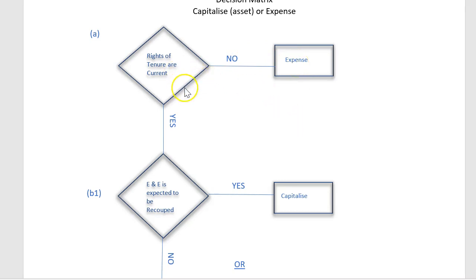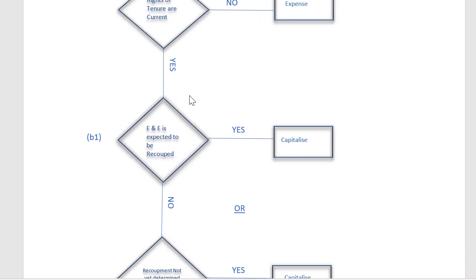If they have current rights, then you need to test whether or not these E&E costs can be recouped. Now, what does that mean? Say, for example, they need at least 200,000 tons of gold to be extracted in order to recoup their costs.